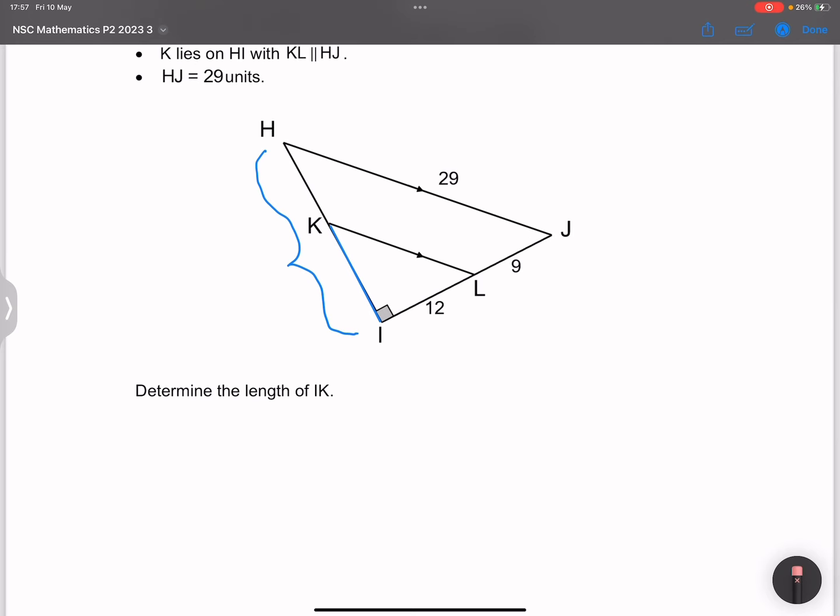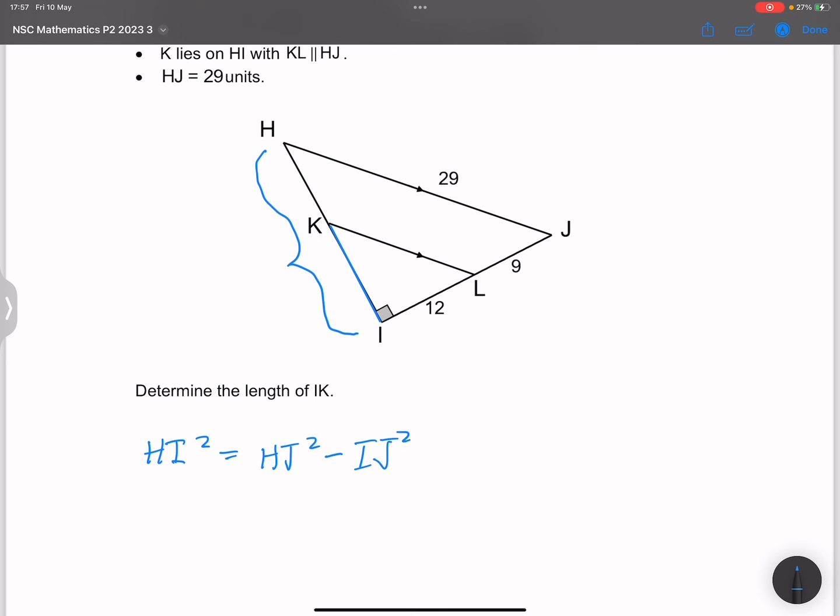So we can say HI squared is equal to HJ squared minus IJ squared. Remember, the hypotenuse in this case would be HJ, right?